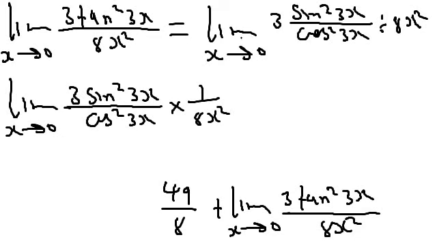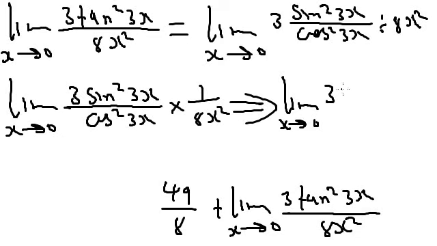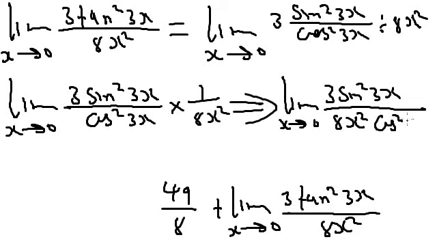So this implies that the limit as x approaches 0 of 3 sine squared 3x divided by 8x squared cosine squared 3x.